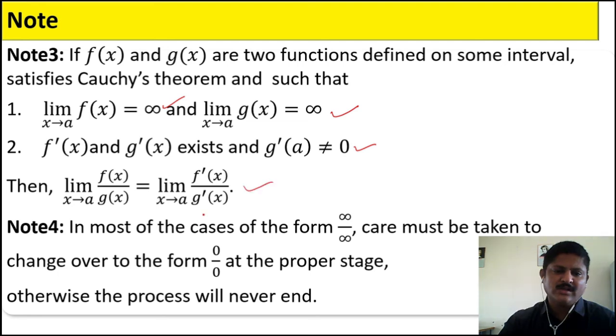In most of the cases of the form infinity by infinity, care must be taken to change over to the form 0 by 0 at the proper stage. Otherwise, the process will never end.